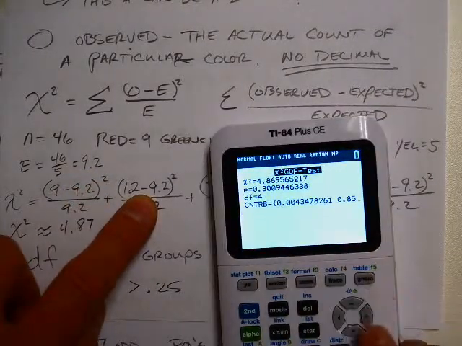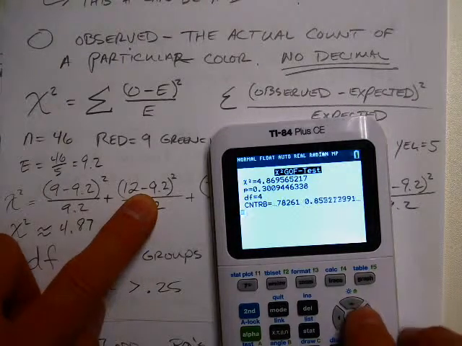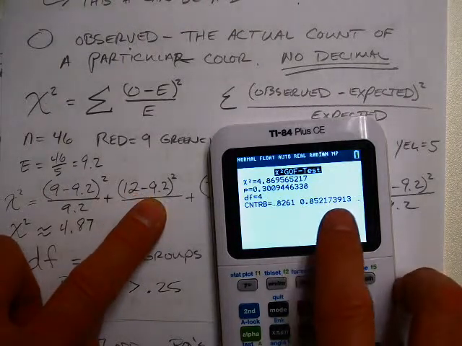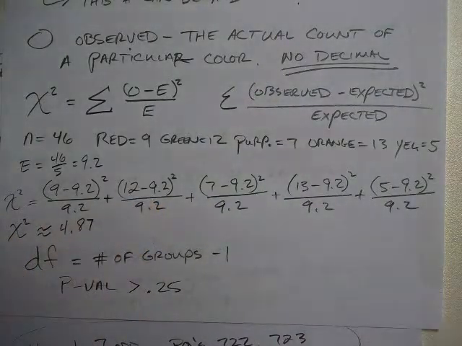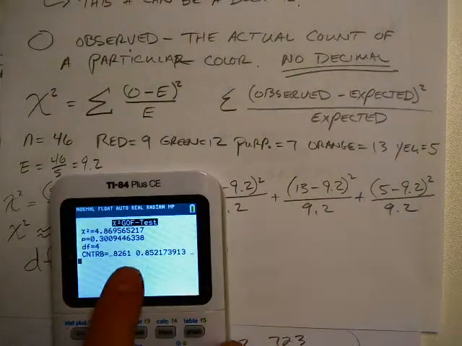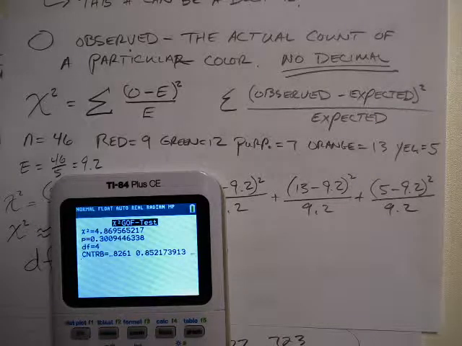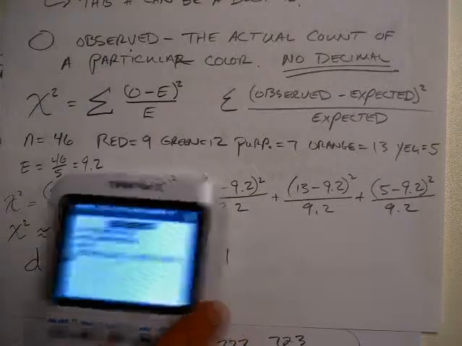If I just did this one, that one would be the 0.8521. If I were doing this for an AP test question, I would probably include those, rounded at 4 or 5 decimals. As far as I'm concerned, I'm not that interested in it unless you're going to take the AP test.